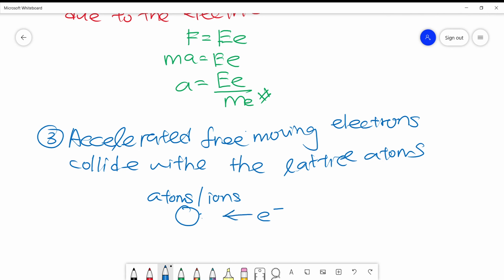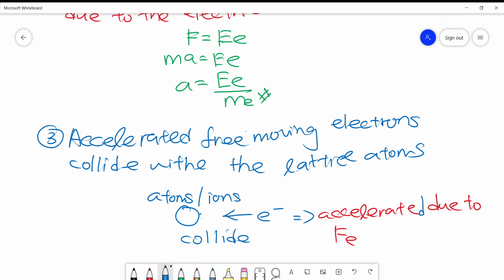So the electron is actually being accelerated due to Fe, the electric force. Okay, so the electron accelerated due to the electric force will then collide with the atoms.